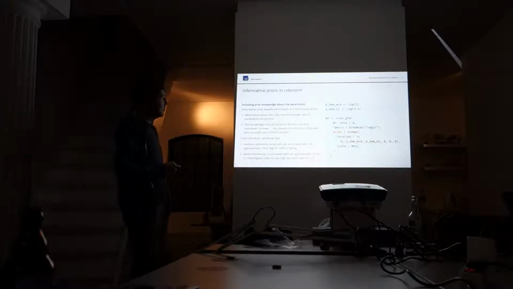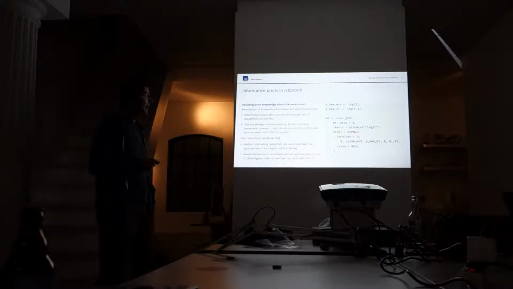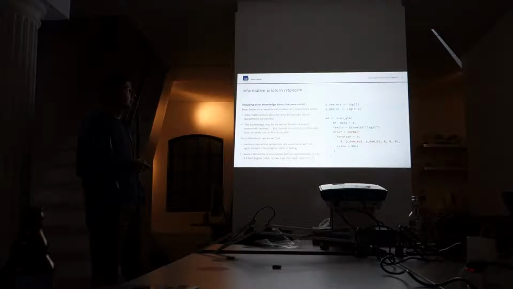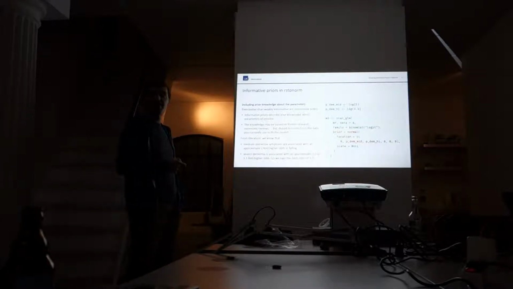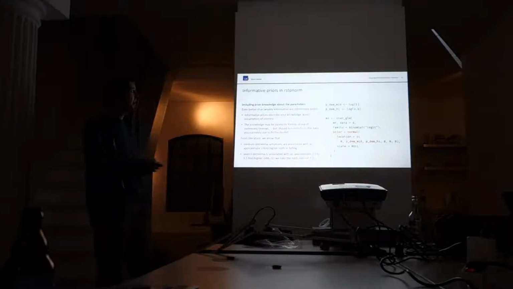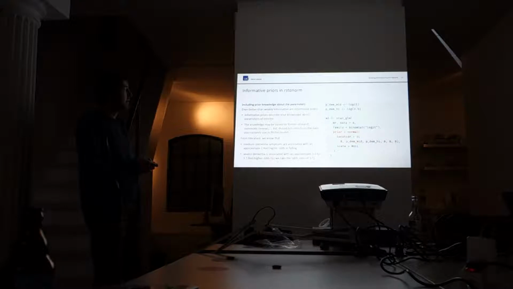But in this case, we know that high dementia is associated with an odds ratio of about 3.5 with fall risk, and medium dementia with an odds ratio of about 2. So we have to transform this to the linear scale. We take the log of these odds ratios and we put this into the prior information of the model.